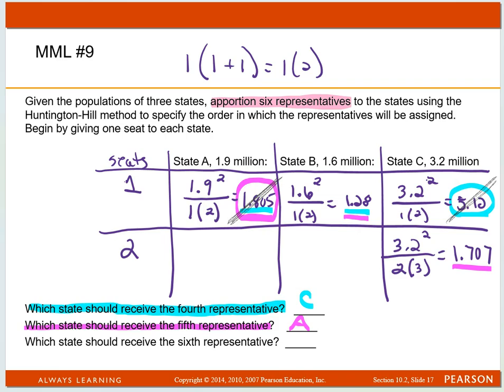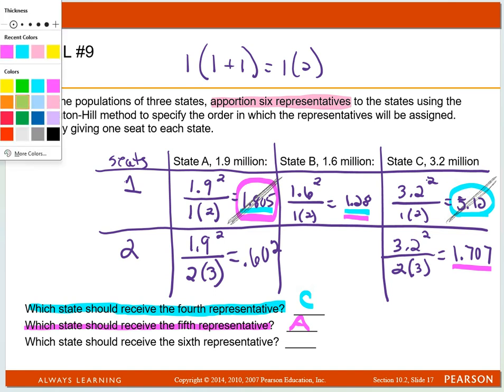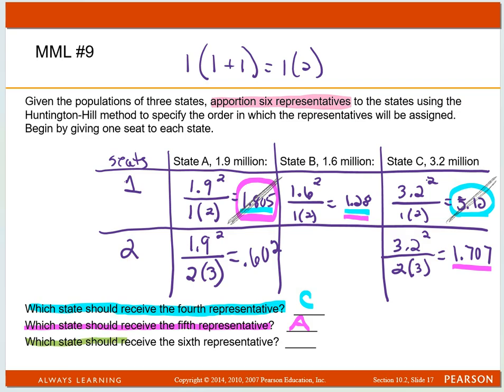So I have to calculate the next Huntington Hill number for state A, which is 1.9 squared divided by 2. They now have 2 seats times they're going for the 3rd. And that Huntington Hill number is 0.602, which brings me to which state should receive the 6th representative.